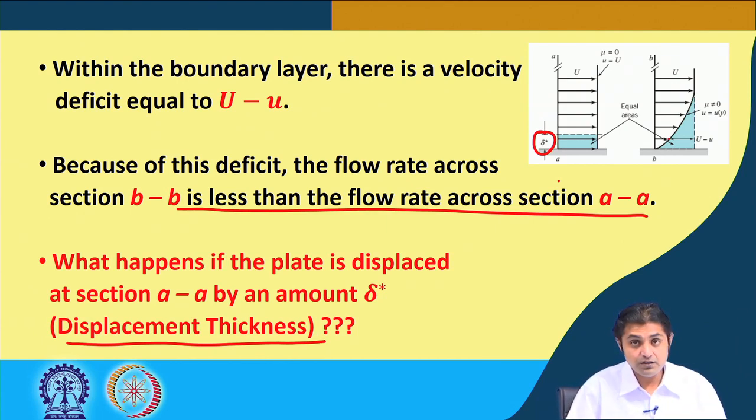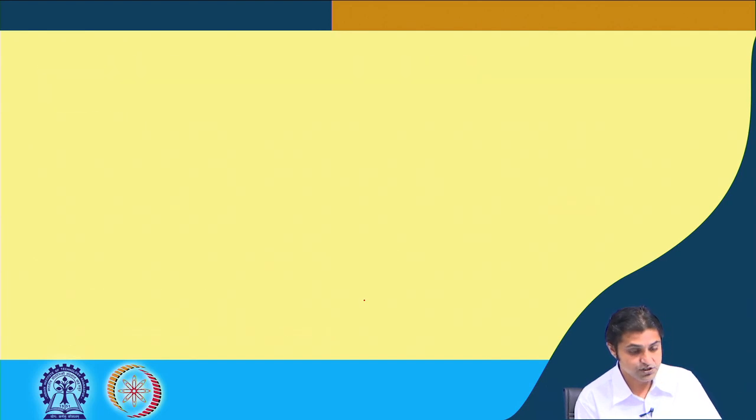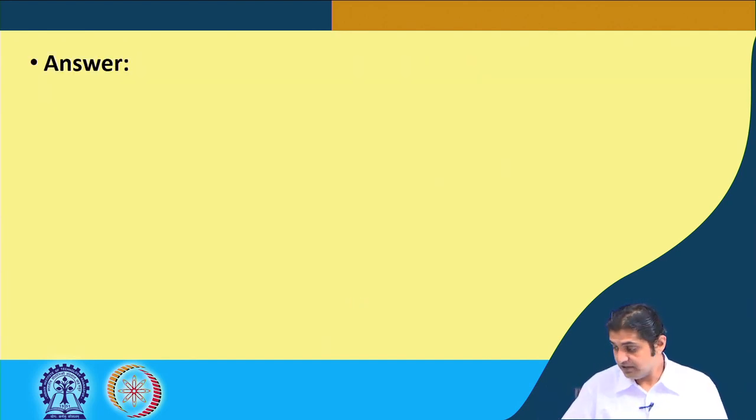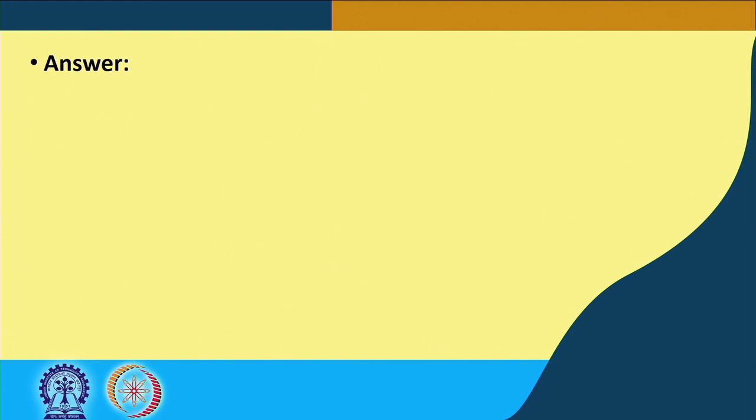So, the question at which we are going to end this lecture today is, what happens if the plate is displaced at section AA by an amount delta dash? This is enough for today, and we are going to start the next lecture by answering this question. Thank you so much. See you in the next lecture.